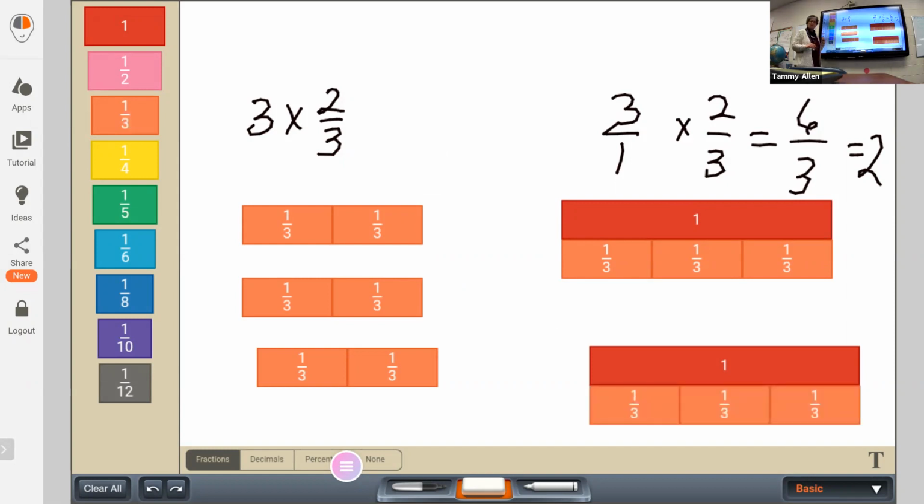This shows me 3 groups of 2/3. This shows me that you took all that and lined them up in whole groups. This would show me mathematically what went on.